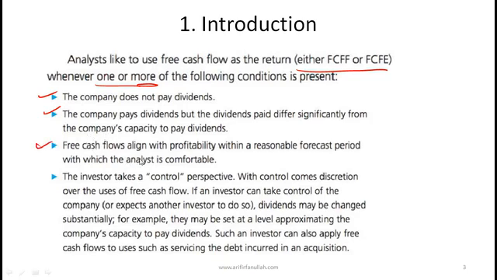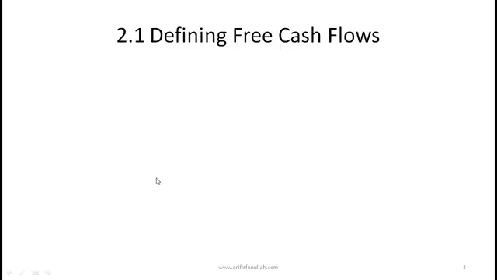Free cash flows align with profitability with a reasonable forecast period with which the analyst is comfortable. And finally, the investor takes a control perspective. So you've seen this before, but I am doing it again because it is extremely important.